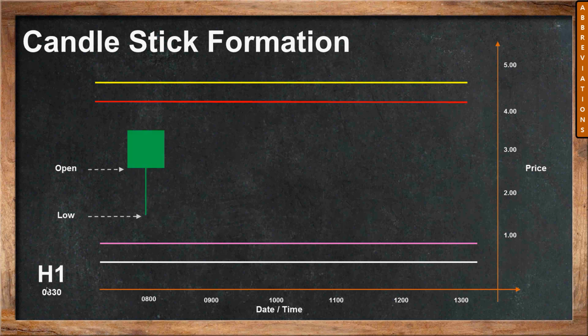Then another 15 minutes passed by at 8:30. The price went up, and now you have a shadow being formed at the lowest price it has reached before. So this is now the lowest point at which this candle has traveled.